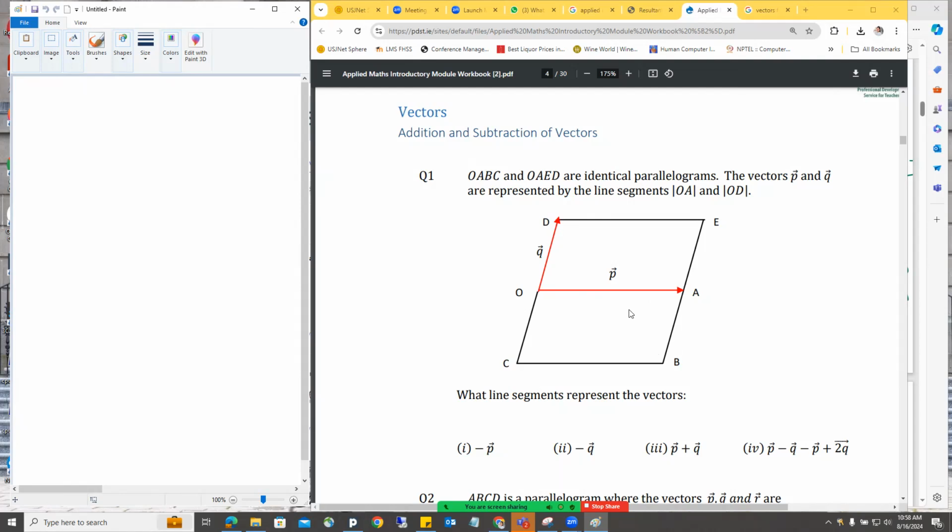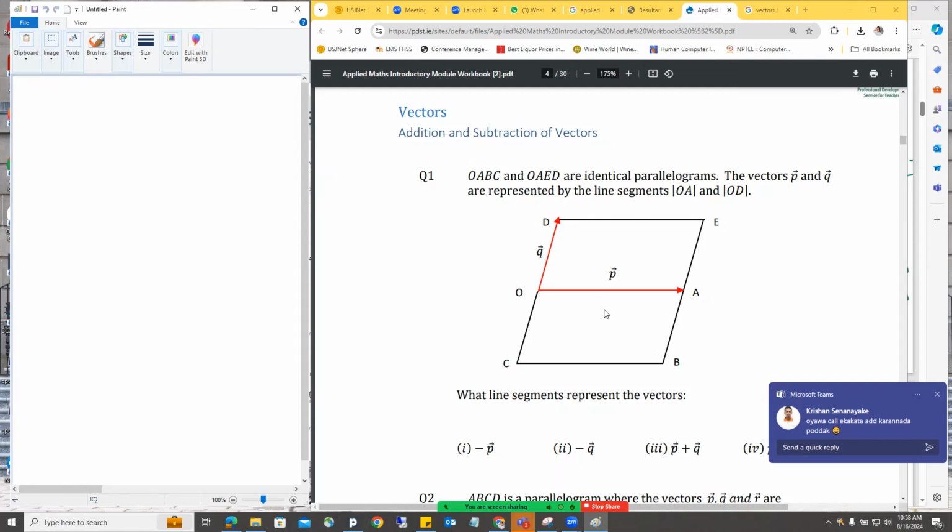OABC means this one, and OAED means the top part. They are identical parallelograms.